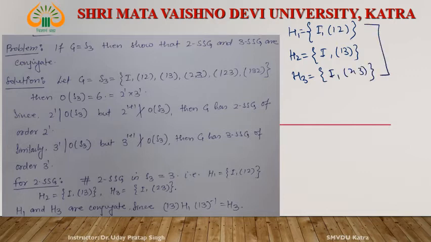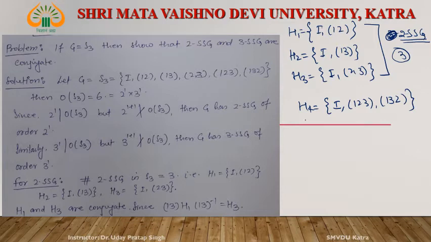These are the three 2-Sylow subgroups. How many 2-Sylow subgroups? Three. And say H4 is equal to identity, (1 2 3), (1 3 2). This is the 3-Sylow subgroup. How many 3-Sylow subgroups? One. Then we have to show that the 2-Sylow subgroups H1, H2, H3 are conjugate to each other.